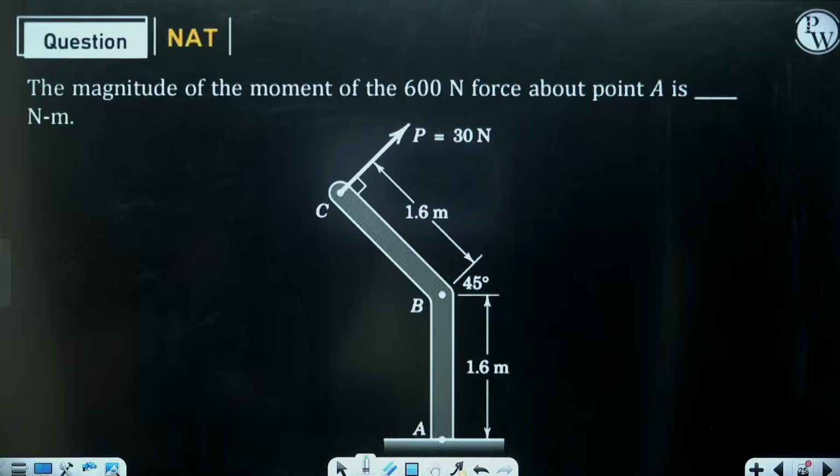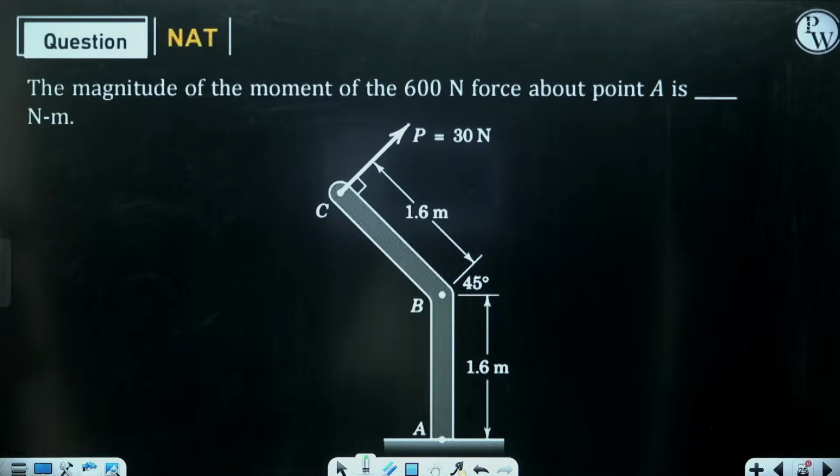Magnitude of the moment of 600 Newton force about point A is. Let's solve this one.